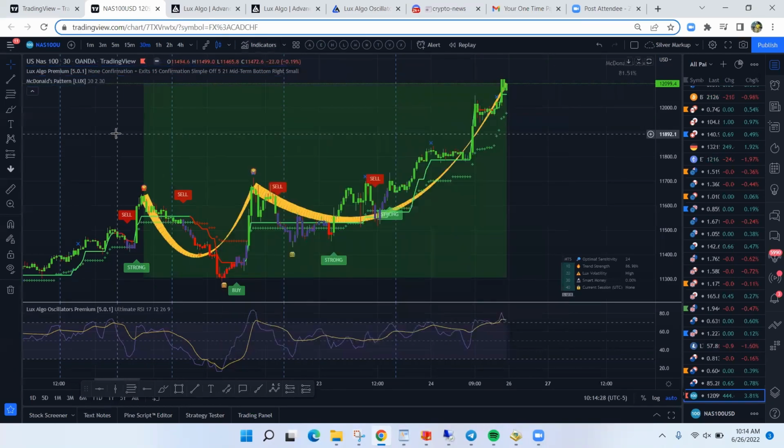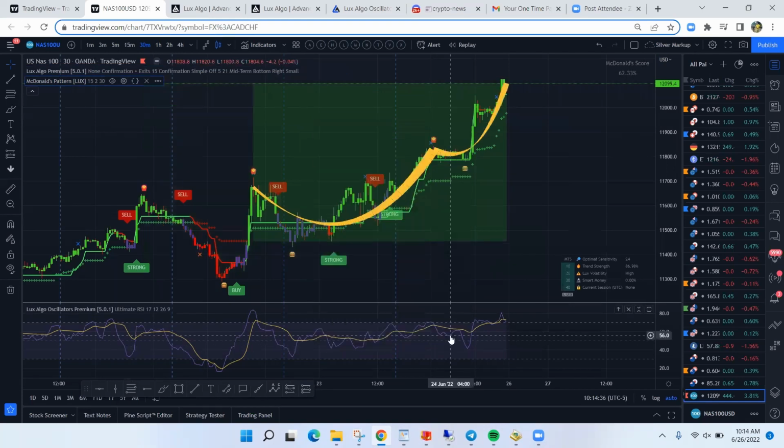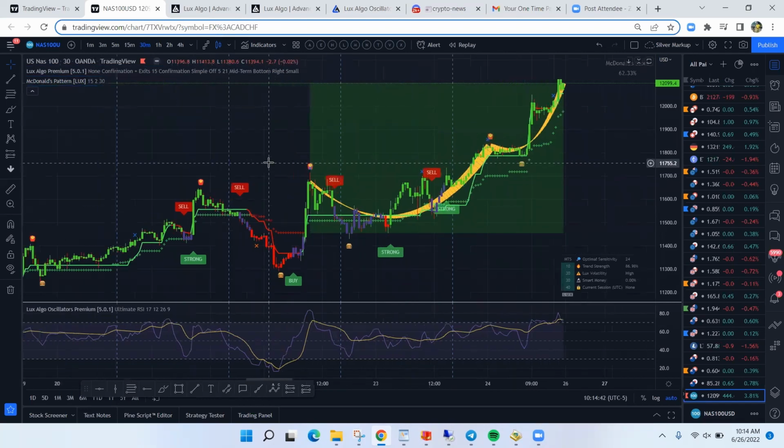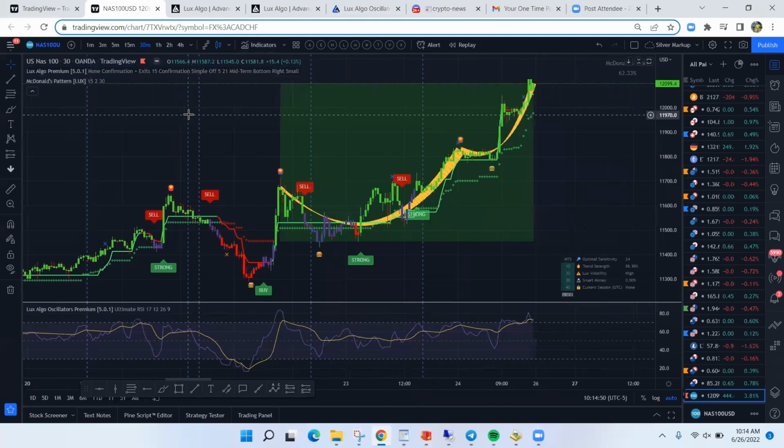I have a strategy that goes over the McDonald's pattern in detail, and this strategy can really help when it comes to your trading. I'll link my McDonald's strategy. I don't have to get into it, but it's a really fun strategy to use, and it's very effective.